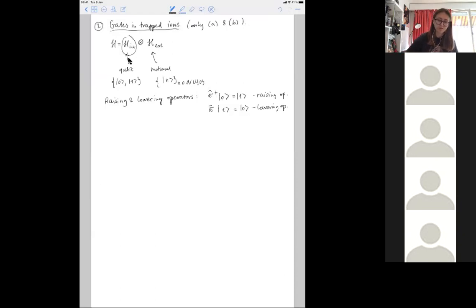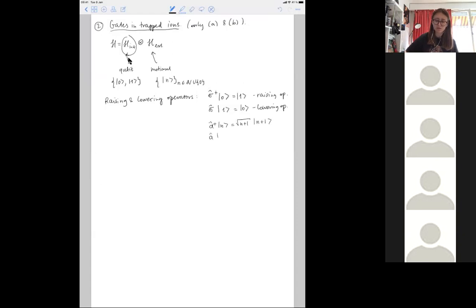And the same as for the qubit, you can also introduce raising and lowering operators for the motional, or external, degrees of freedom, which we label as A dagger, which acts on n. We also have to include a normalizing factor.